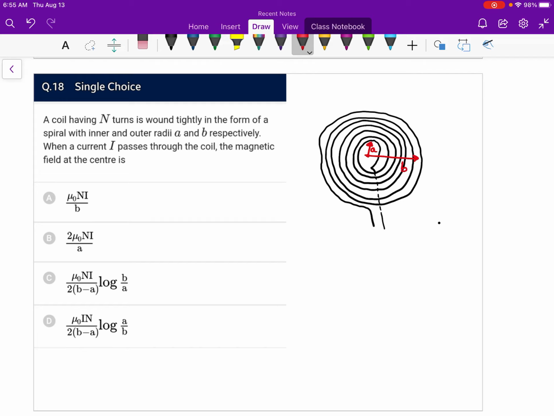All right. So radius is continuously increasing, so we cannot use the formula mu naught Ni upon 2R because different turns have different radius.